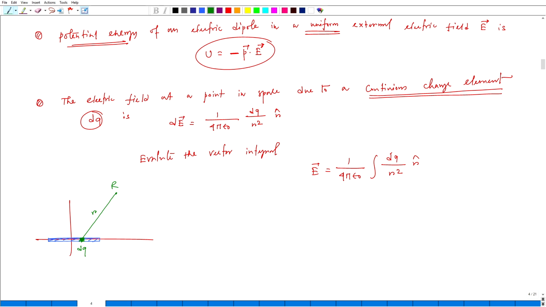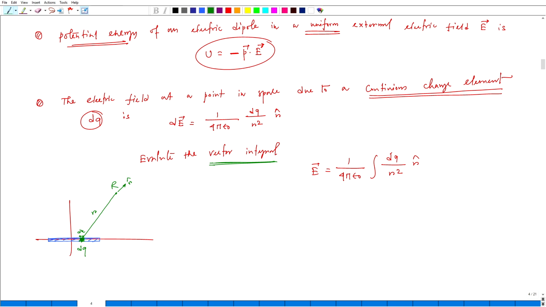In the limit dq tends to 0, that is, the length dx tends to 0, we use a continuous variable and integrate. So in this case we must evaluate the vector integral for a continuous charge distribution. It can be any of the three distributions, line, surface or volume charge density, and r cap points in this direction, so r cap changes for different elements.